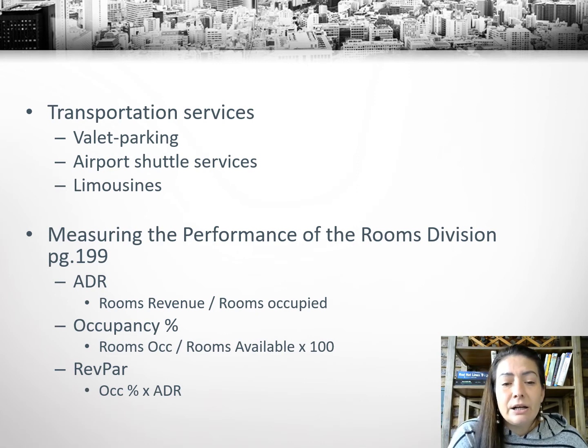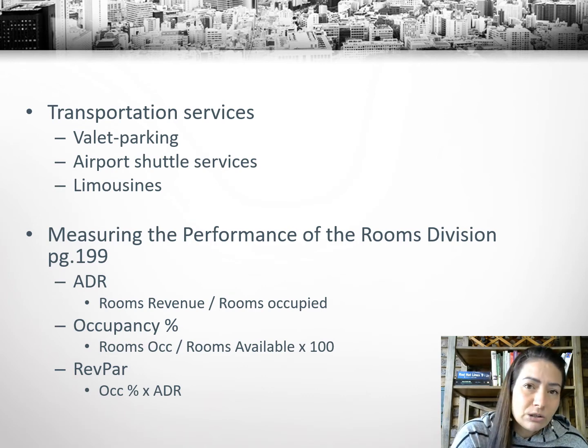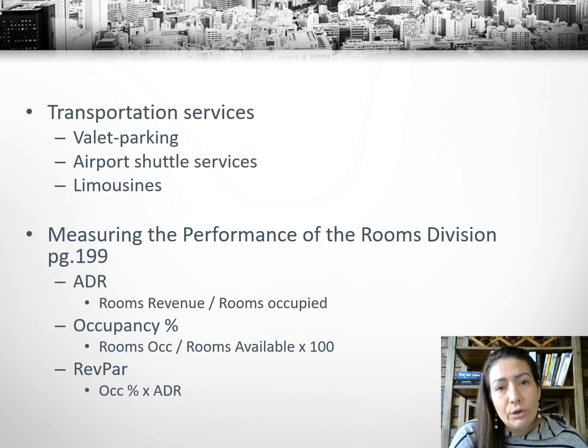And then the last one is the RevPAR. You cannot work out the RevPAR if you don't have the occupancy percentage and the average daily rate. Very straightforward. You take your occupancy percentage and you multiply it by your average daily rate. So let's work on Monday. Your occupancy percentage for Monday was 85% and your average daily rate for Monday was 140.